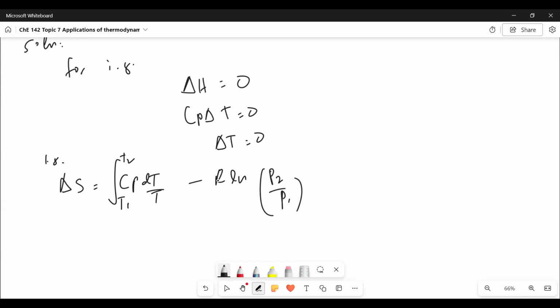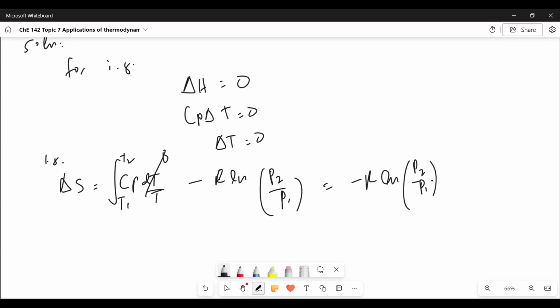Now, since dT is 0, the integral of Cp dT over T is 0, and we are left with negative R ln P2 over P1.